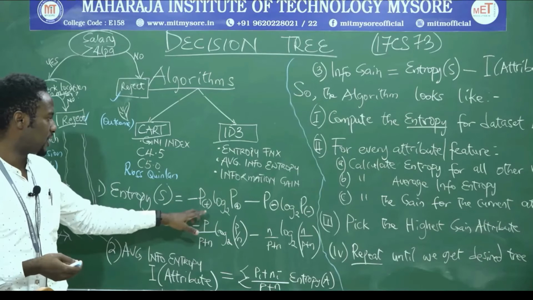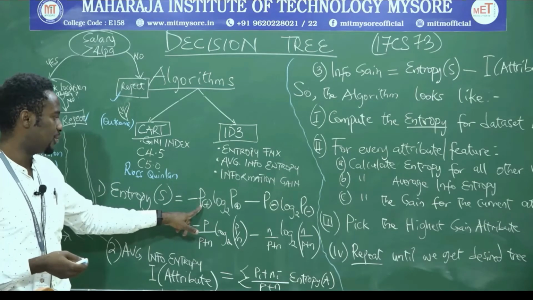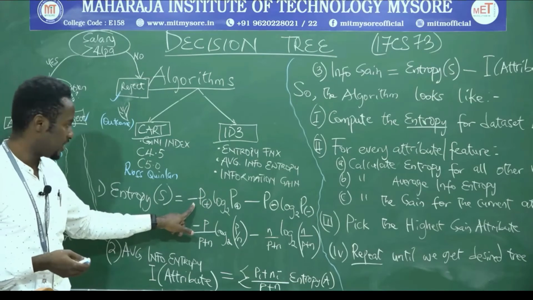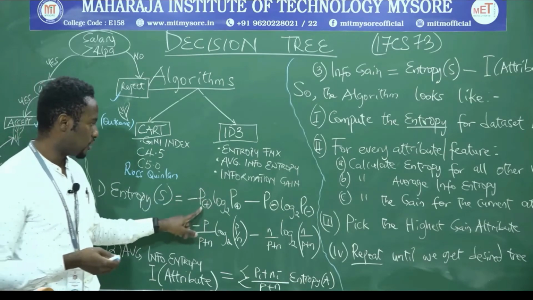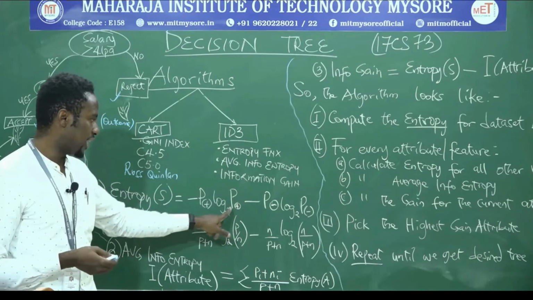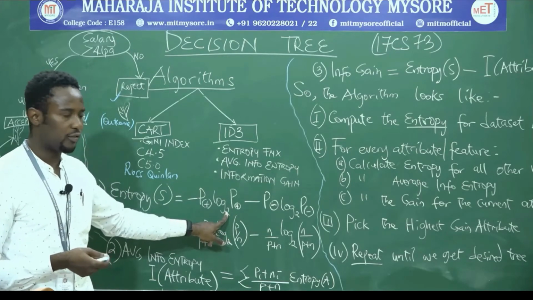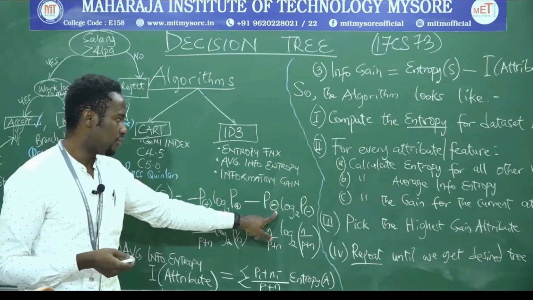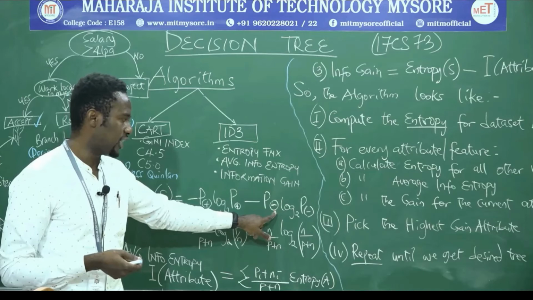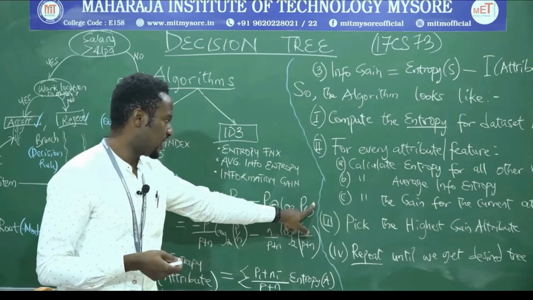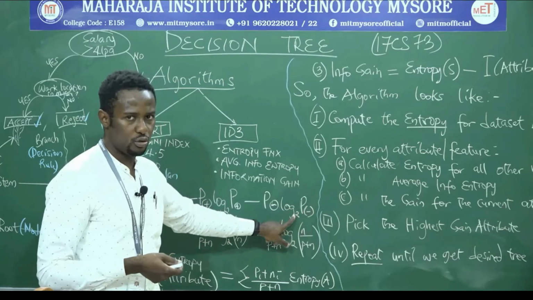If you look at it here, it is represented as negative P positive, the positive samples, times log of the positive samples to base 2. Again, minus the number of negative samples times log of negative samples to base 2.